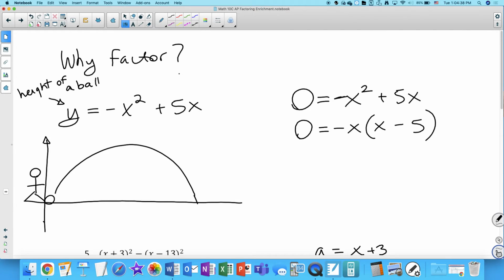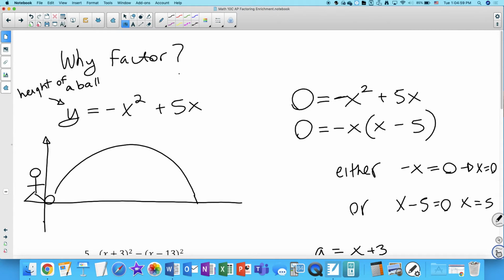0. So either negative x equals 0, and if negative x equals 0, then x is 0. Or x minus 5 equals 0, which means x is 5.